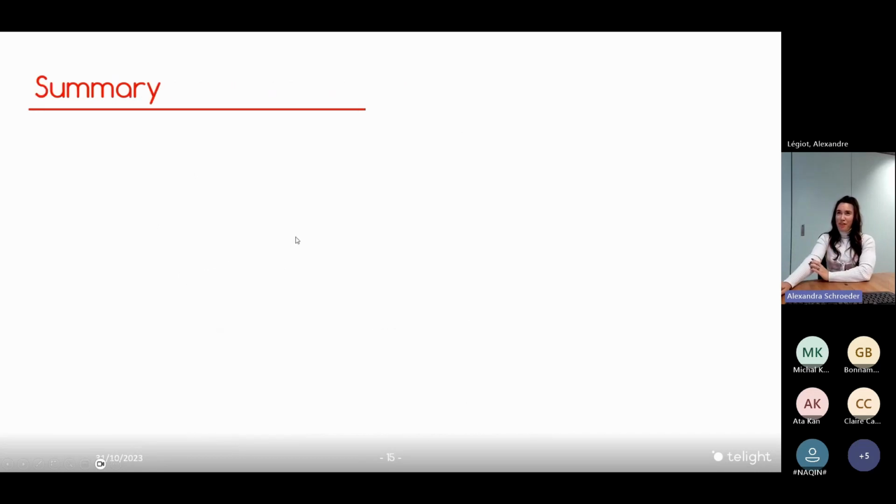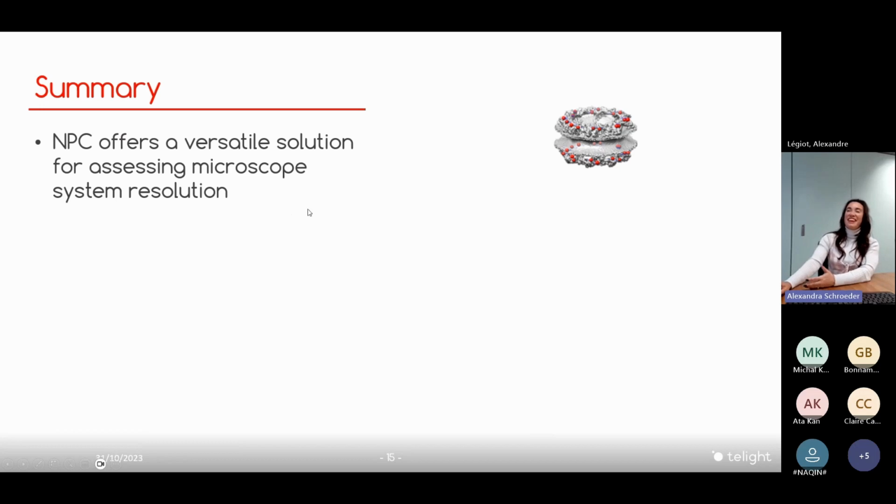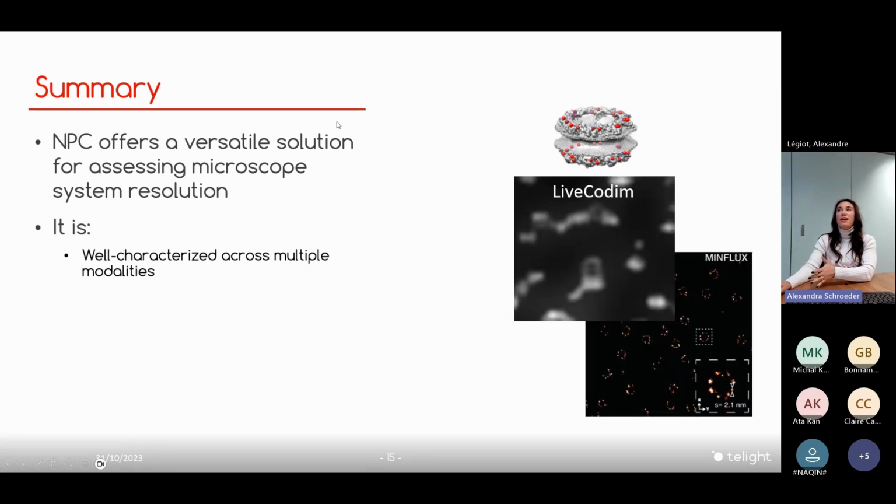But to wrap up what we spoke about today, very briefly and generally, the nucleopore complex offers a versatile solution to assess microscope system resolution across multiple modalities, in particular for super resolution microscopy. It has been well characterized across multiple modalities, so we know its structure and what to expect.